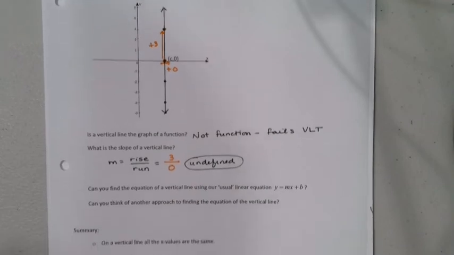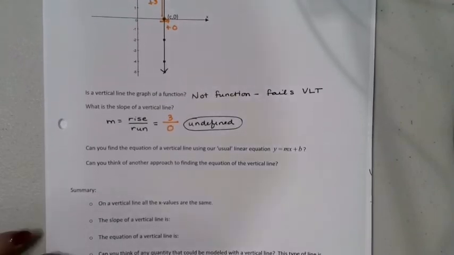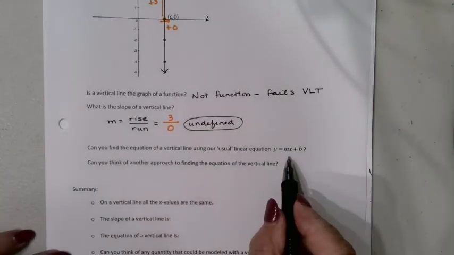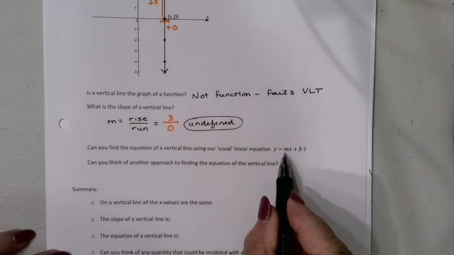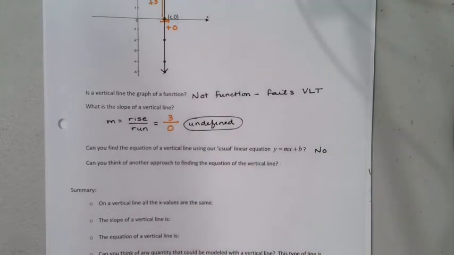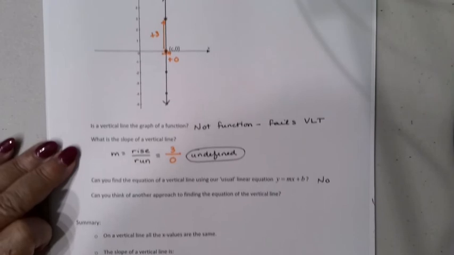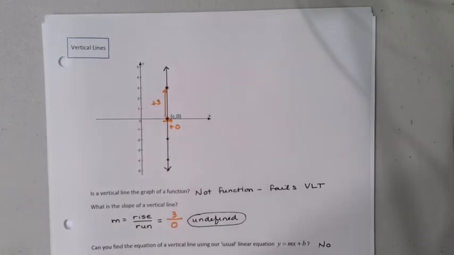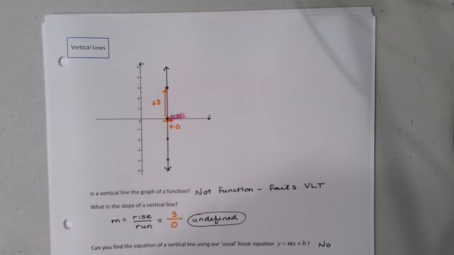Since I don't have a numerical value for m, I'm not going to be able to use this equation because I don't have any number to plug in here for m. So I'm going to have to come up with a different way to find the equation of a vertical line. I'm going to suggest that we go back to the graph here and just think for a minute about all these points. This point was labeled C0, but let's label a few more points on this graph.